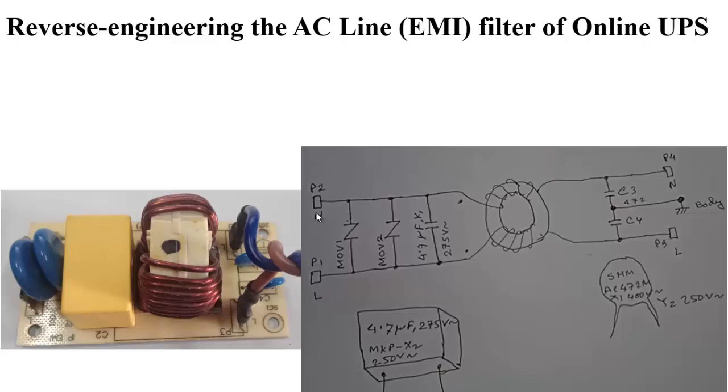Here this one is line, this one is neutral, then two varistors, then X capacitor, this yellow one is X capacitor, then this choke, this one is common mode choke, then these two are Y capacitors, and then line and neutral. The parameters for Y capacitor are given here. The parameter of X capacitor, this X capacitor, is shown here.